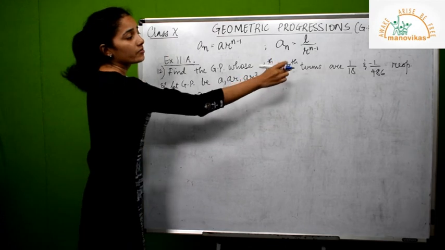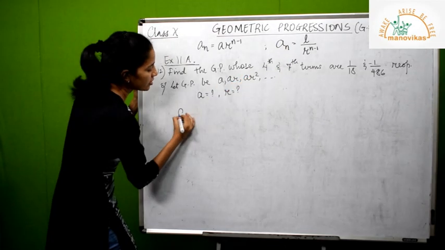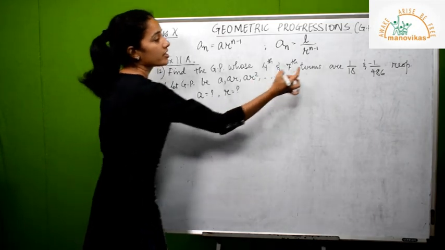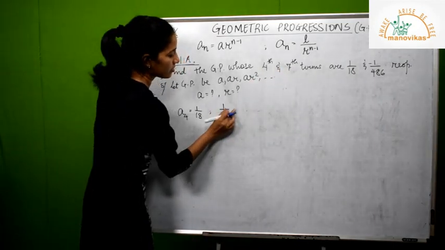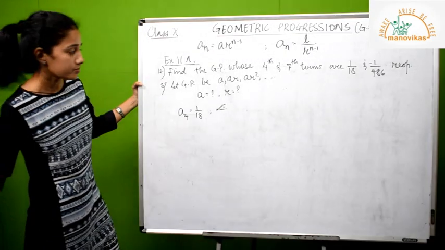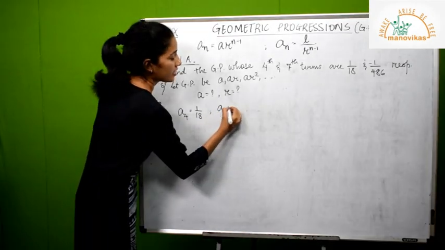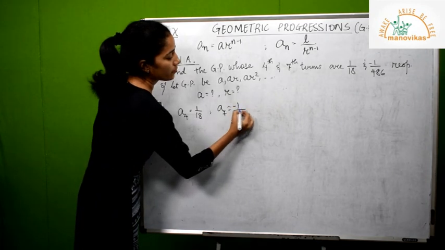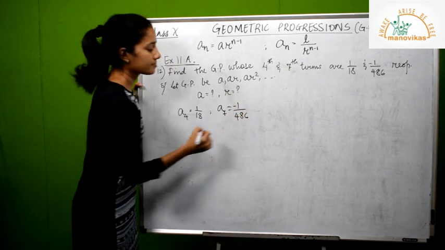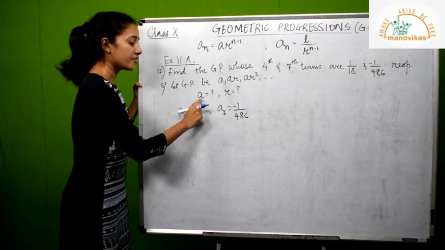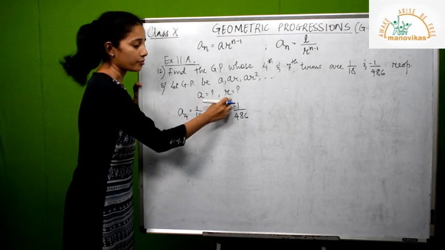The 4th term is 1 upon 18, so that is denoted by A4 is equal to 1 upon 18, and you are given that the 7th term, that is A7, is equal to negative 1 upon 486. So using both of these conditions, you will first calculate the first term and the common ratio.